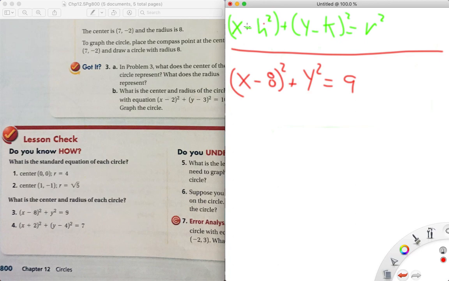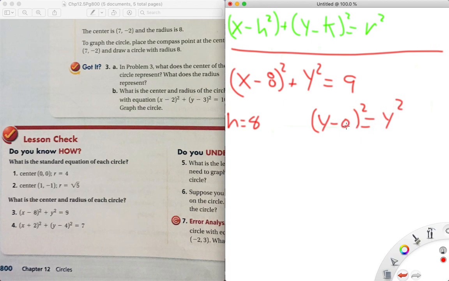So if we look at our standard form of the equation, the 8 refers to the h, so I know that h equals 8. If we look over here, there is no y minus k, right? But I know that I can say y minus 0 squared is the same thing as y squared.